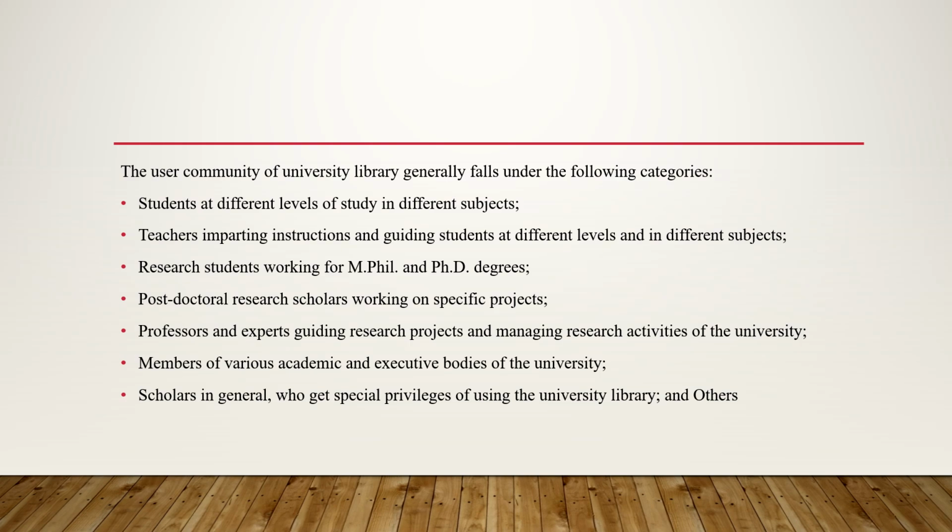A university library serves a wide range of users. This includes undergraduate students, postgraduate students, faculty members, research scholars, postdoctoral research professors, academic administrators, external scholars with special permission. Each group has different information needs, and the university library provides specialized services accordingly.